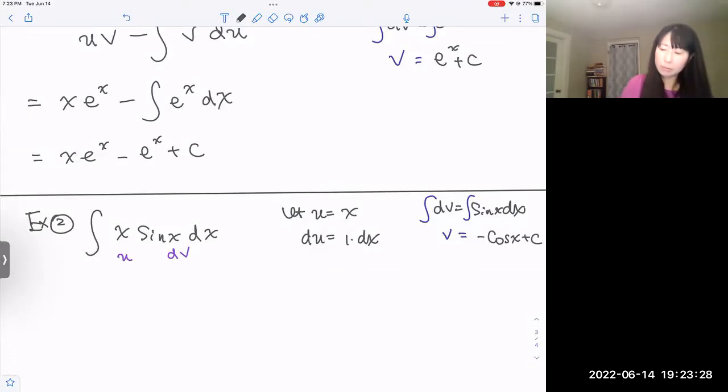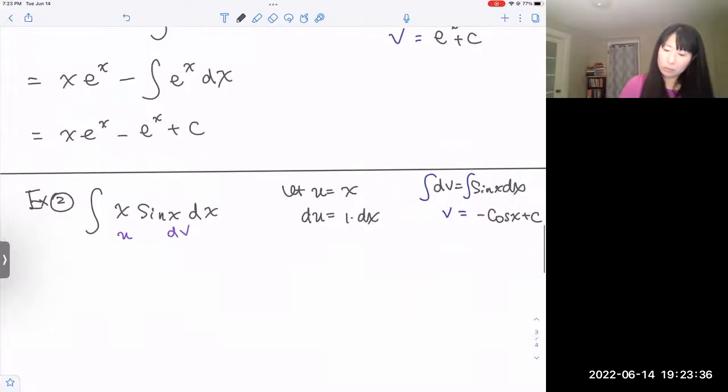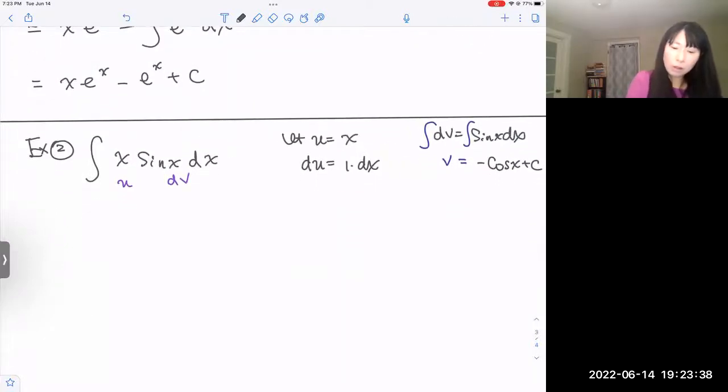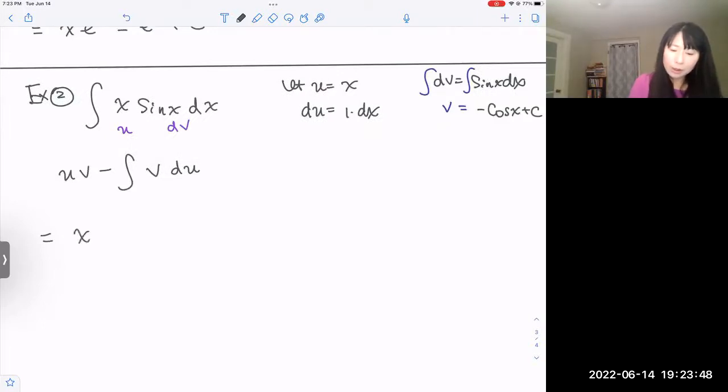All right, so we have the formula: uv minus integral of v du. So u, which is x, v, which is negative cosine x, minus integral of v, which is negative cosine x, du, which is dx.